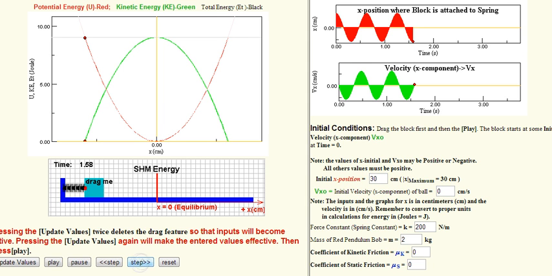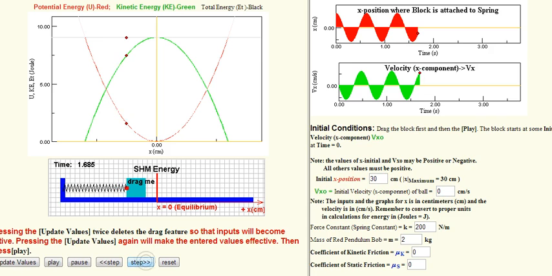Then as you go forward, the potential decreases and the kinetic increases. You can think of this as the spring causing the block to accelerate, because remember, the restoring force is going to point to the right at this point because the block wants to go back to the 0 point, to equilibrium. Because of that, it'll accelerate to the right, and the kinetic energy is going to increase, and potential will decrease because the spring is less compressed.